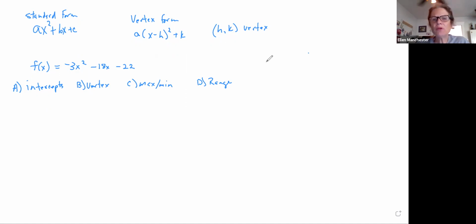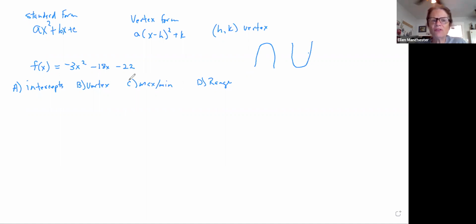Okay, so remember, every quadratic equation has a very specific look to it. So when you graph it, it's either going to be a parabola that looks like this, or it's a parabola that looks like this.